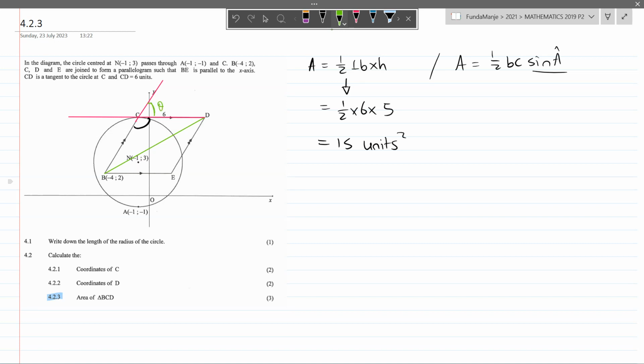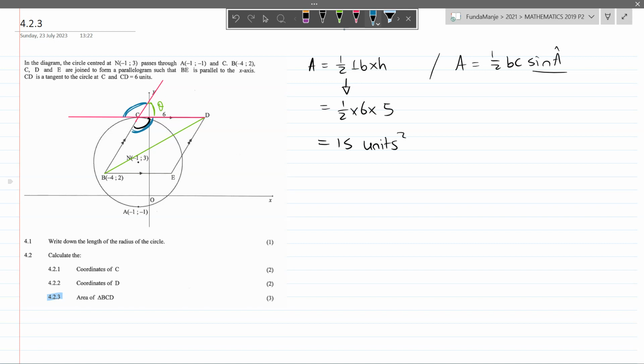If you can find this angle, then you will be able to find this other angle on the other side, and this angle would be the same as this angle. So that's how you get your sine A, but you still need to find the distance from B to C.